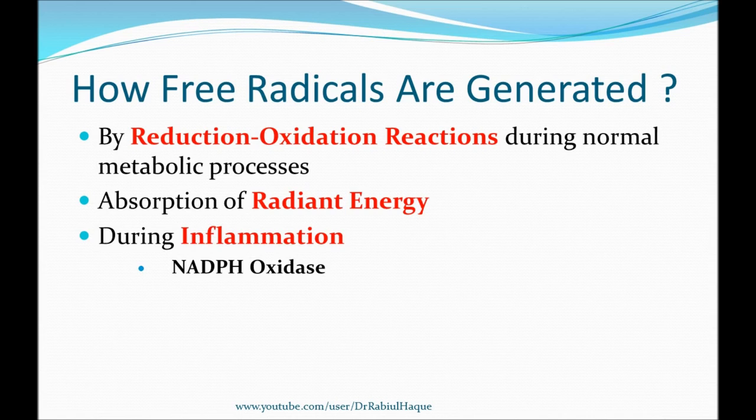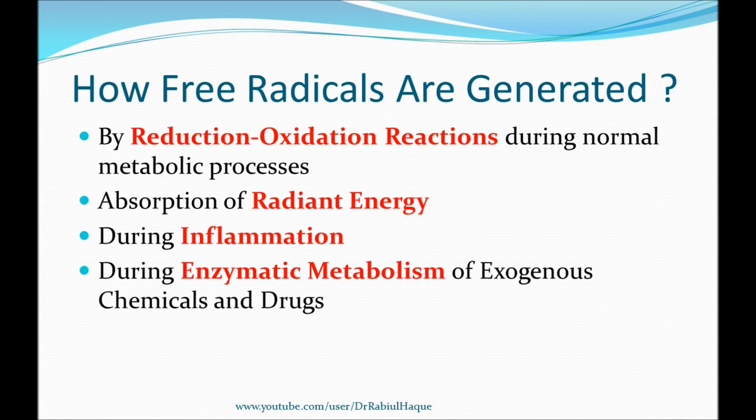Also, intracellular oxidases, for example xanthine oxidases, generate superoxide anion as well. Metabolism of exogenous chemicals or drugs can also generate free radicals. For example, we can get free radicals from enzymatic metabolism of carbon tetrachloride.